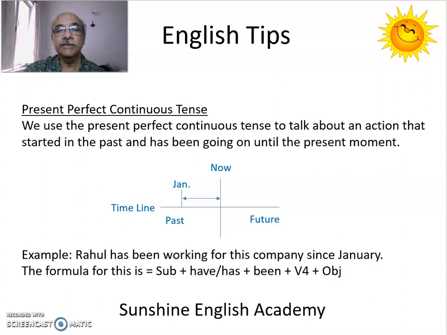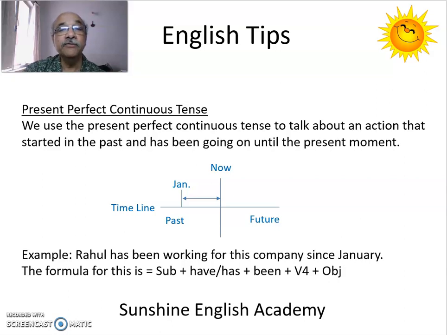The next question is, does the sentence say till when Rahul will work for this company? That is, whether he is going to continue working for this company in future or not. The answer is no. So we don't know whether Rahul will continue working for this company or not.